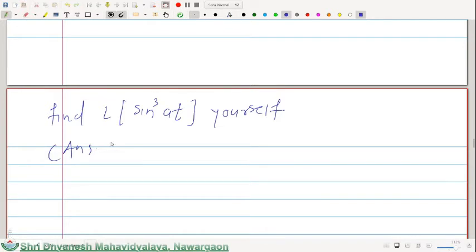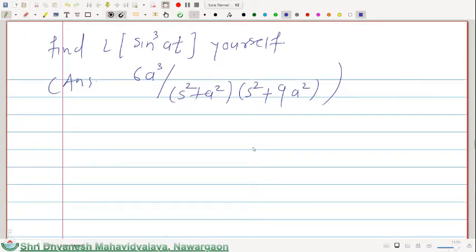Answer: it is 6a cube upon (s square plus a square)(s square plus 9a square). Okay, if you face any problem in the calculation, you can ask.